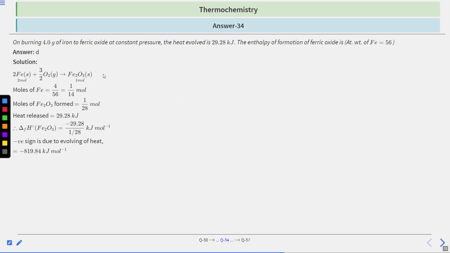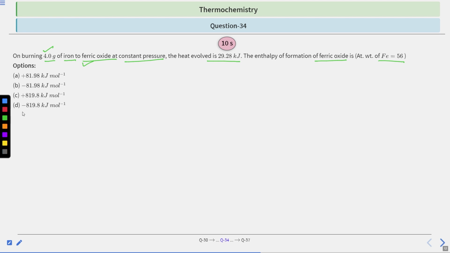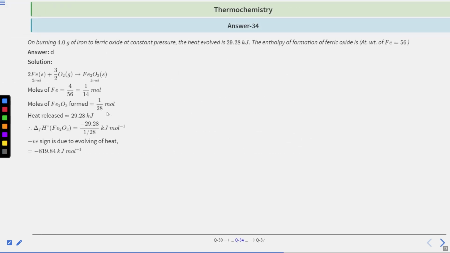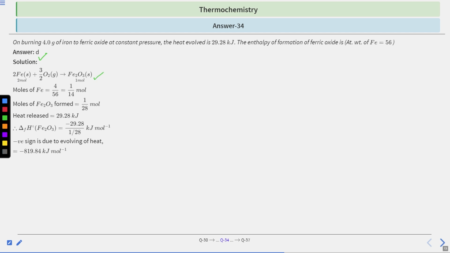The correct answer will be option D, which is minus 819.8 kilojoule per mole. Let's see how. We have this reaction for the burning of iron to become ferric oxide: 2 Fe plus 3/2 O2 gives Fe2O3, ferric oxide, which is 1 mole.